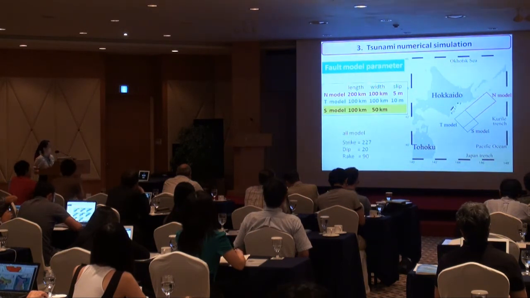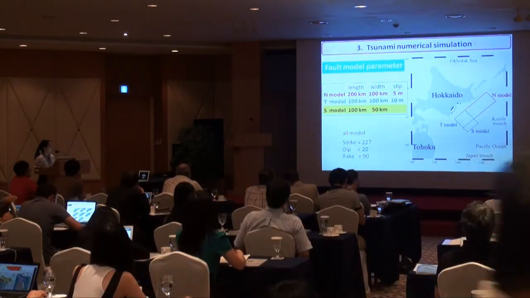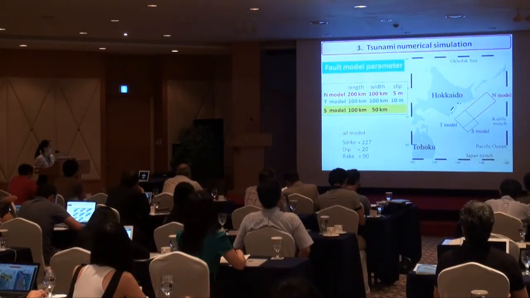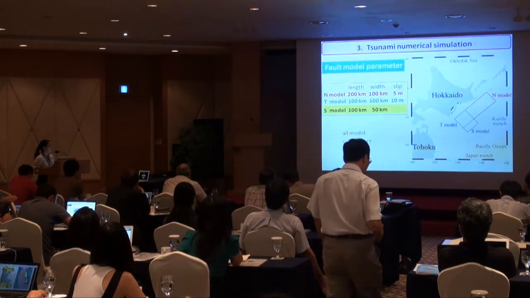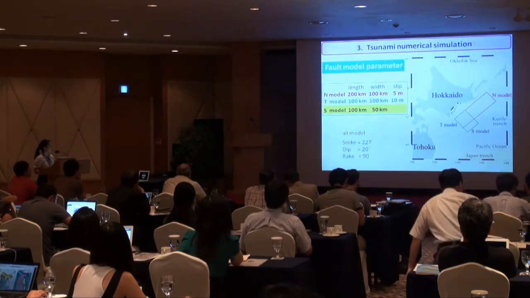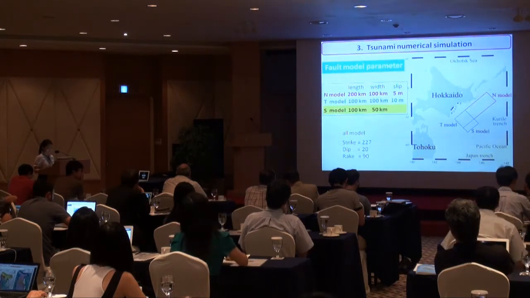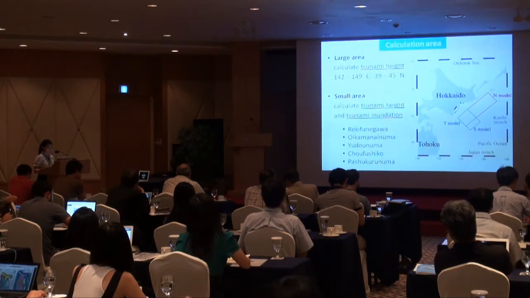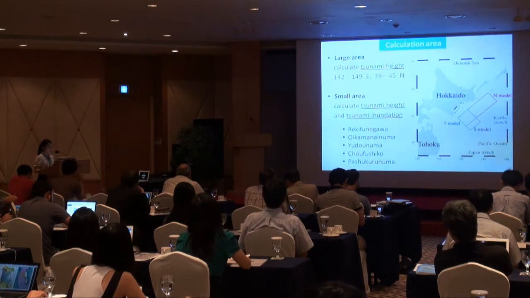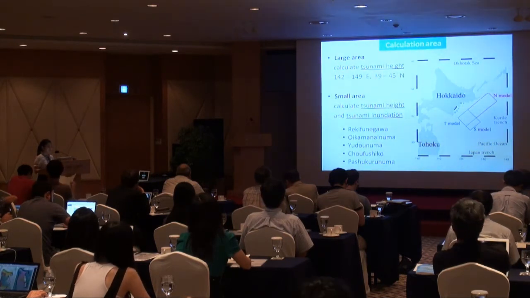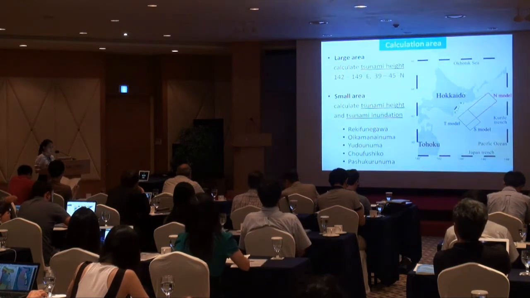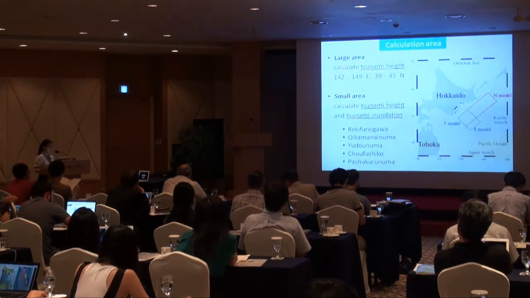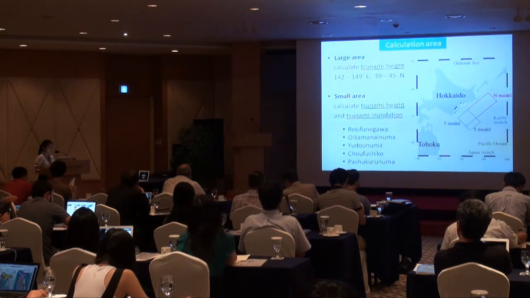The fault model parameters of all models are strike equal 227 degrees, dip equal 20 degrees, and rake equal 90 degrees. About the calculation area, tsunami height was calculated in a large area, the range of 142 to 149 degrees east, 39 to 45 degrees north.